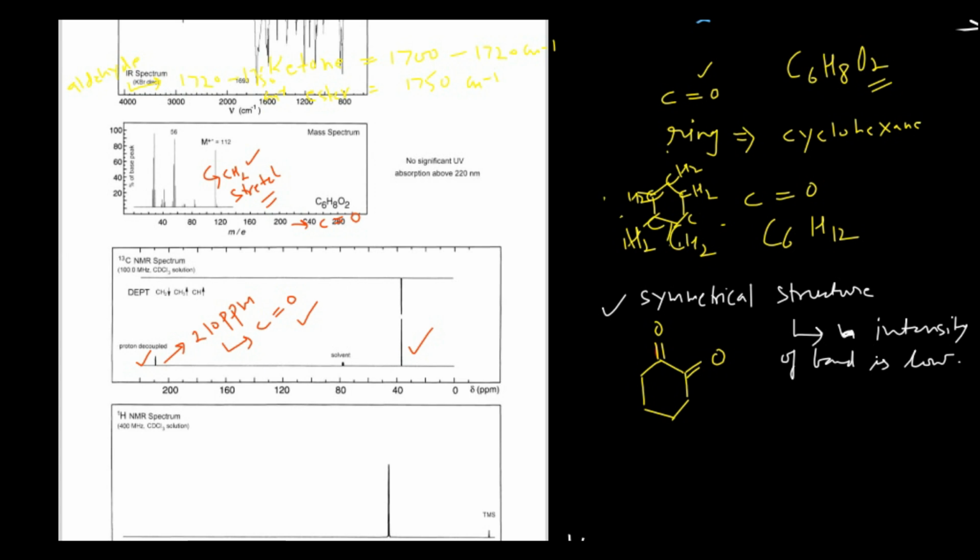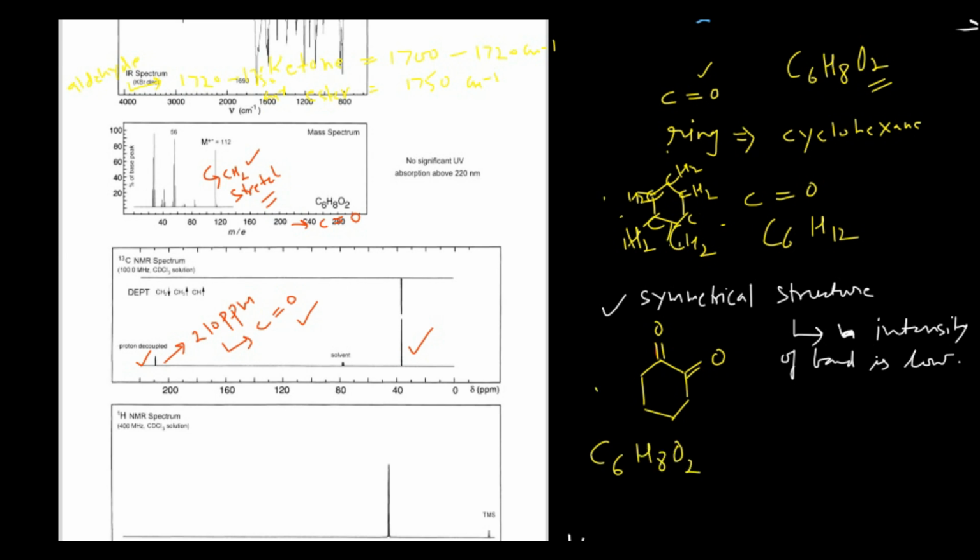Okay, now if you count the total number of carbon, hydrogen and oxygen in this particular compound, then you will find 6 carbons are there, and 2, 4, 6, 8 hydrogens are present here. So you can write 8 hydrogens here, H8, and 2 oxygens.